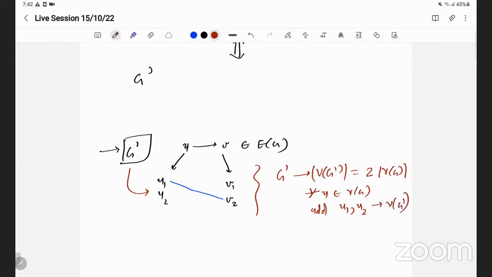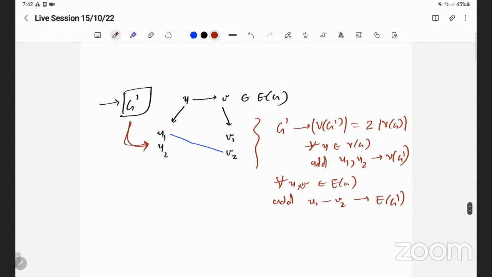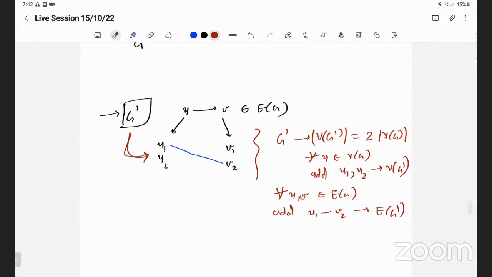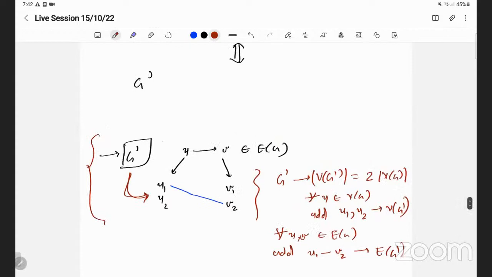And for all edges uv belonging to the edge set of G, I am adding an edge from u1 to v2, and it is an undirected edge in G prime. So in this new graph, the number of vertices will be 2 times the number in the original graph, but the number of edges will be the same. The only difference is that the edges will be undirected, right? And this construction was already given in the quiz question.